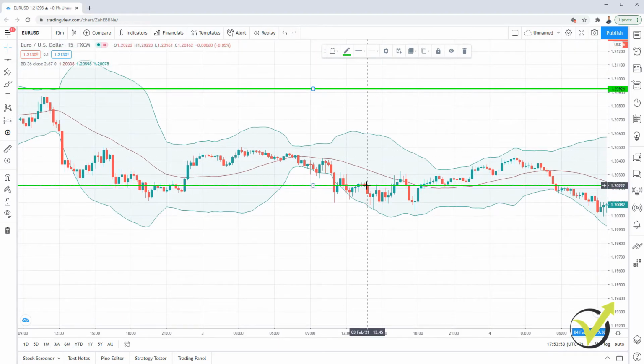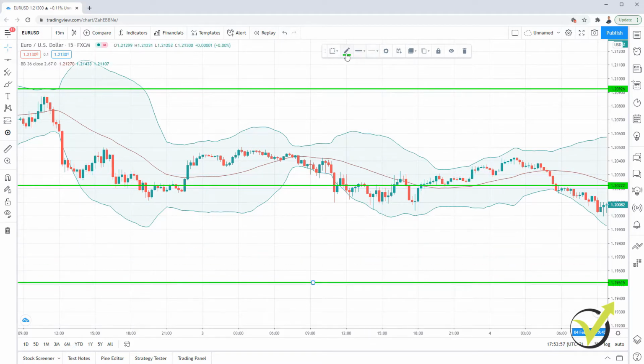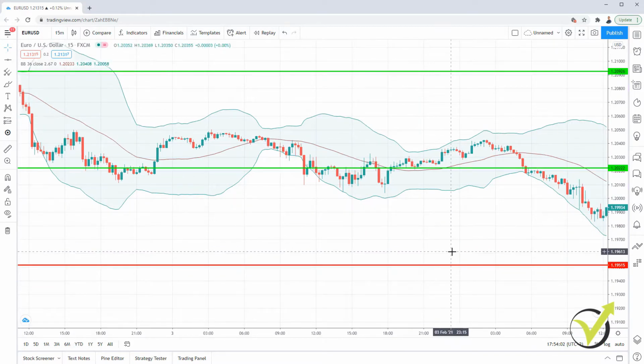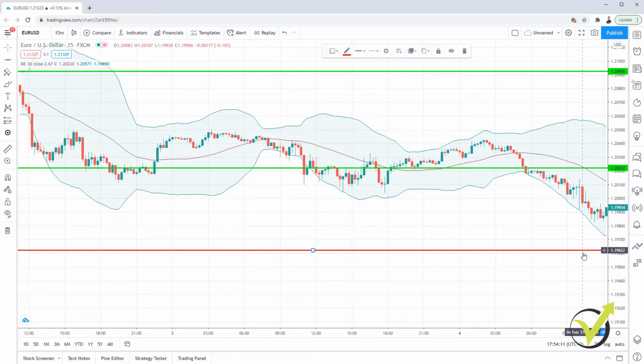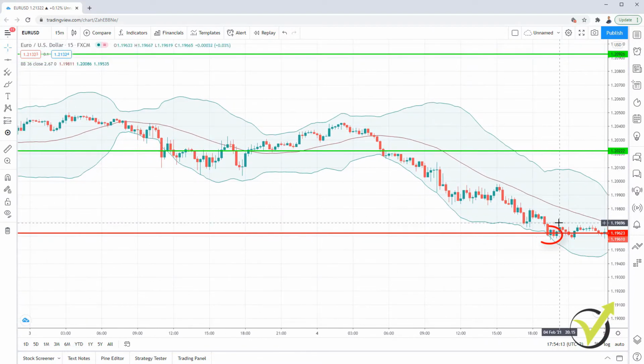And at the same time I'm just copy pasting the line. I will have a stop loss. This stop loss will be 80 pips lower, which will make it 119.62. Here it is. And what happens? Boom, the stop loss was hit.